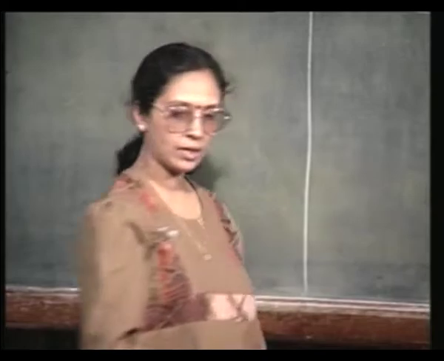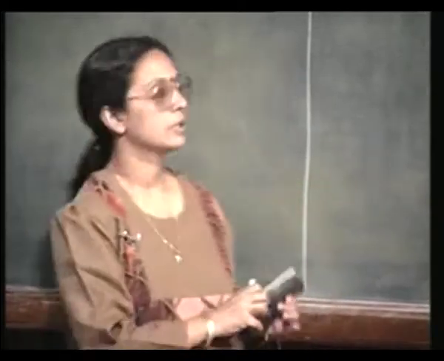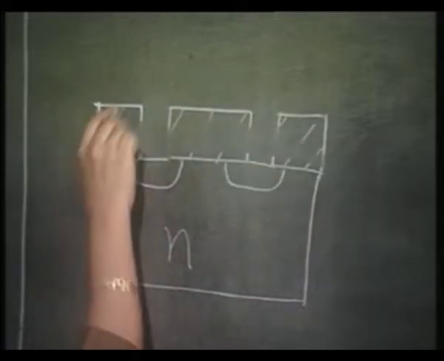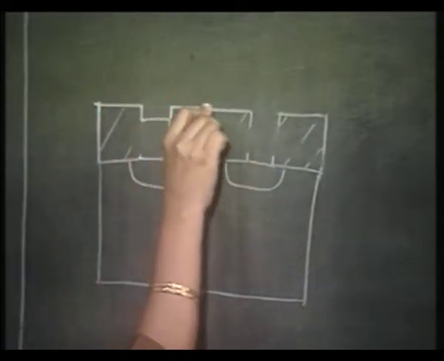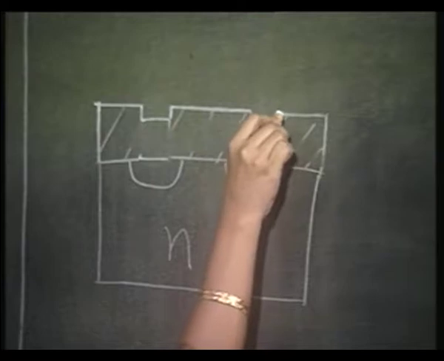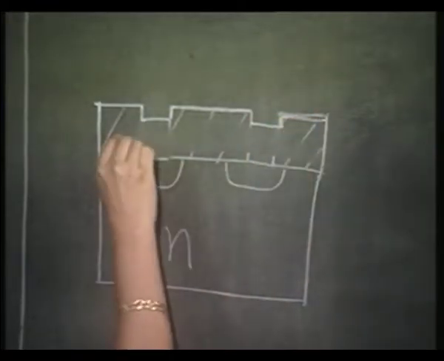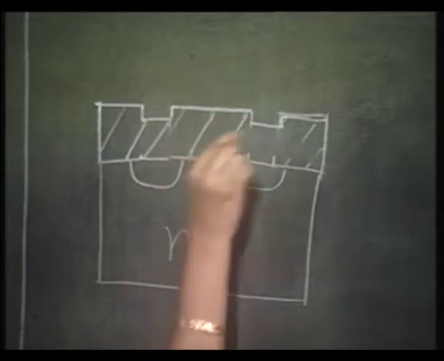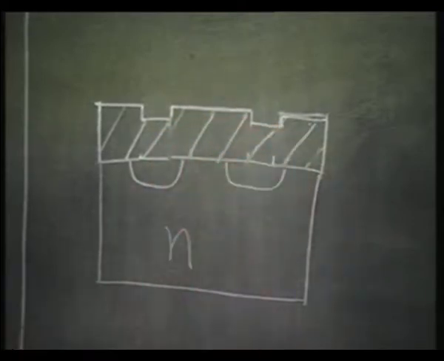So, let us say we have a thicker oxide. That is step number 3, thick oxide, grown all over the place, or you can even use a deposition.